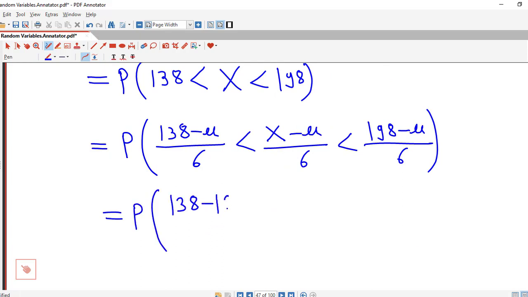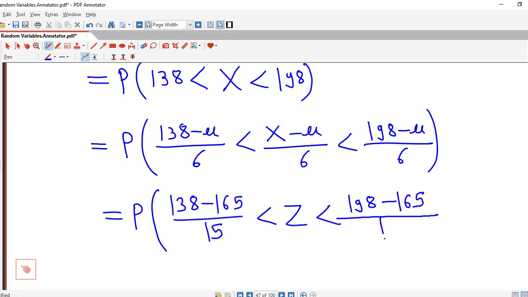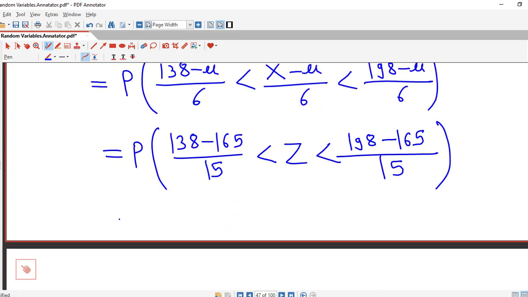Here mu is 165, sigma is 15. This is the random variable capital Z. Here 198 minus 165 divided by 15. We have done these calculations in parts 1 and 2.